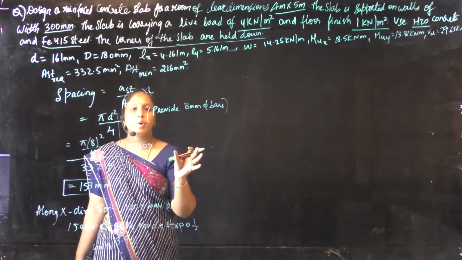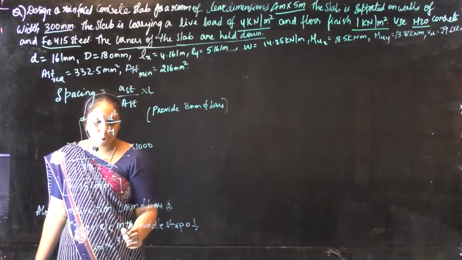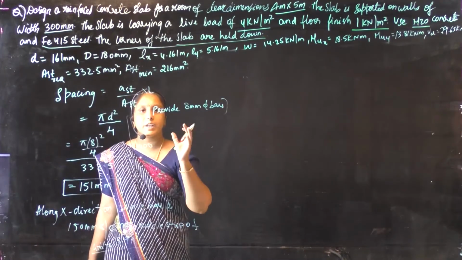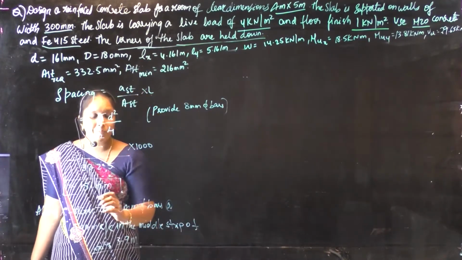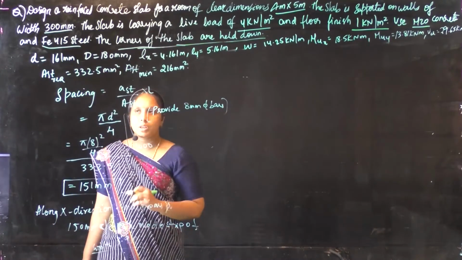So in the middle strip only we have designed the reinforcement here. In the middle strip of width 3.9 meters, which you have previously calculated, for that strip we are going to provide 8 mm dia bars at 150 mm center to center.